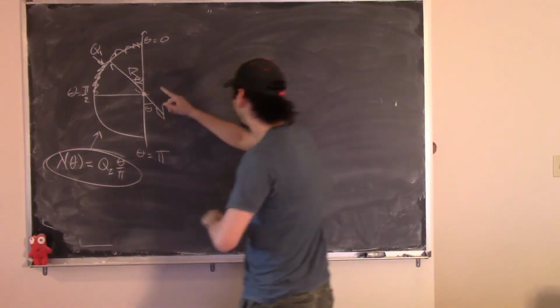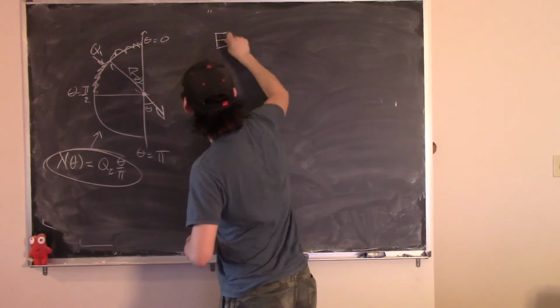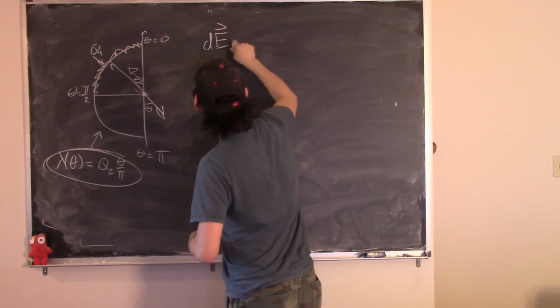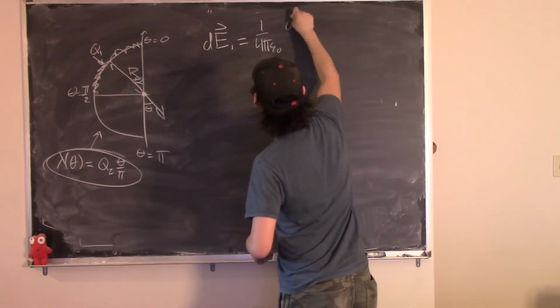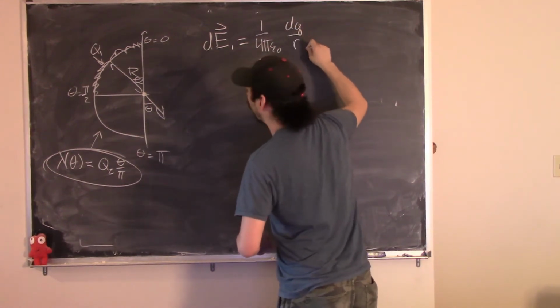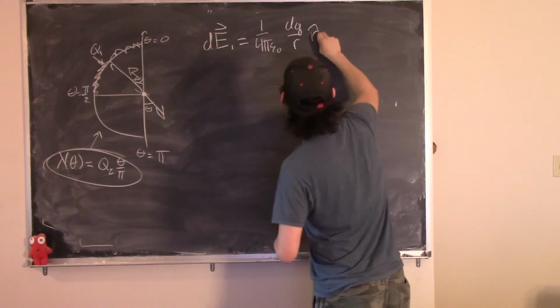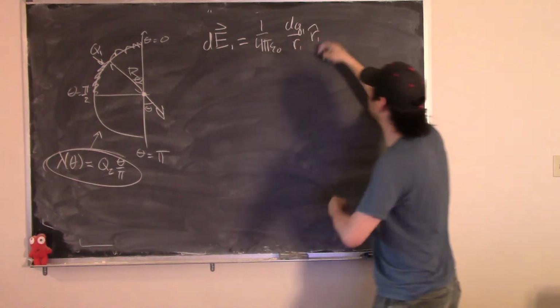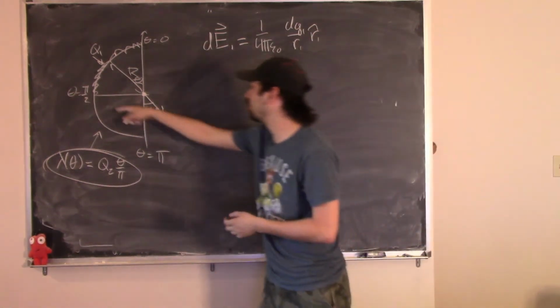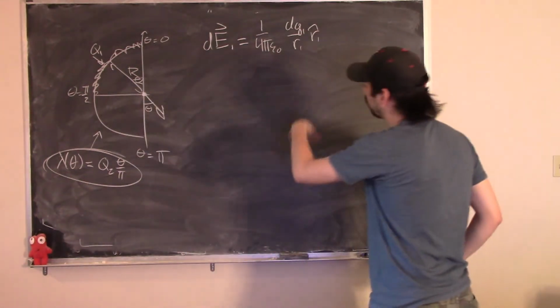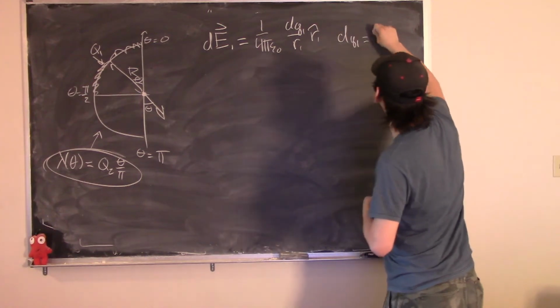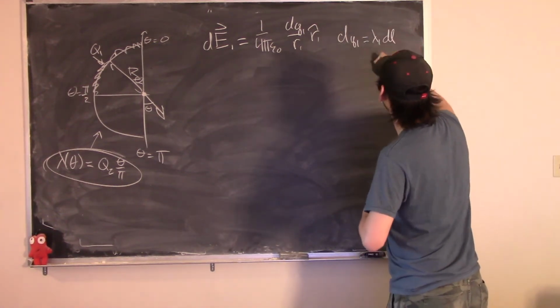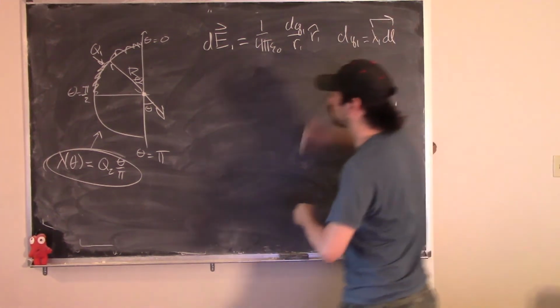So the first part, let's say this is E1. dE1 is going to be equal to 1 over 4 pi epsilon naught dq divided by r times r hat, and we'll give all of these the index 1 to denote that they're different than the ones down here. So dq1 is equal to lambda 1 dl. Lambda 1 is going to be the charge per length here.